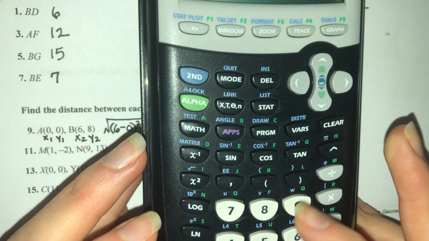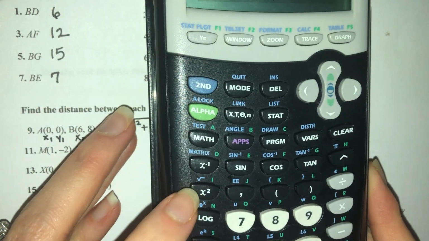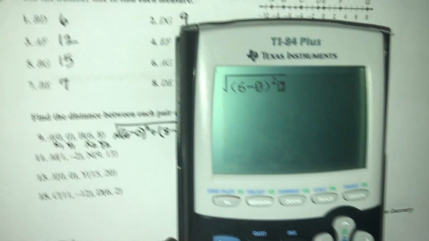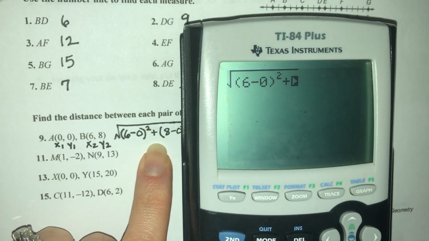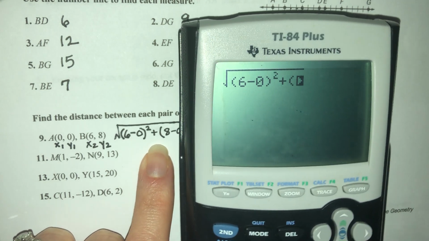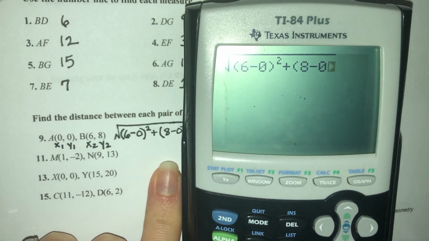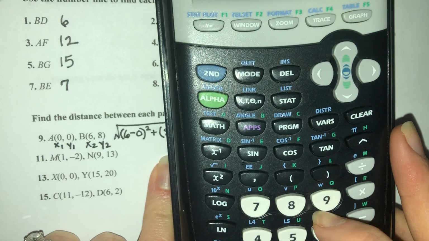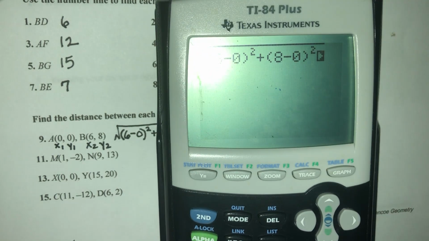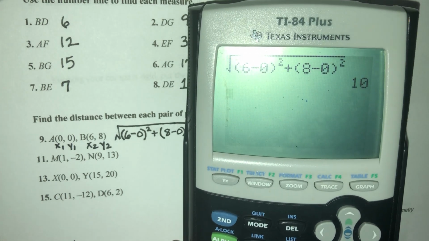Then you're going to do the closed parentheses, which is above the 9, and then you're going to hit the x squared button to get your little 2 up there. Then you're going to put your plus and then start a new parenthesis, that button above the 8 again, and then you do 8 minus 0 inside the parentheses, close the parentheses, that button above the 9, and then hit the x squared button to get the little square on there. You got all that typed in, press enter, and you get 10.